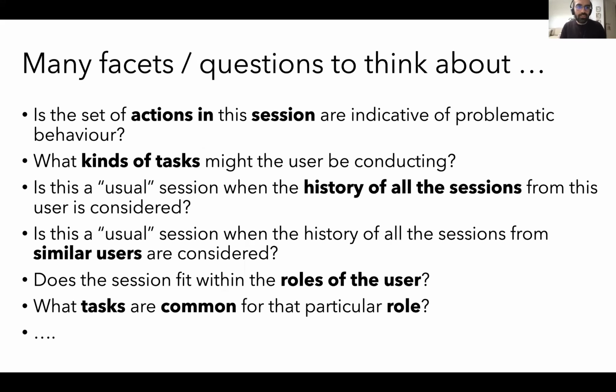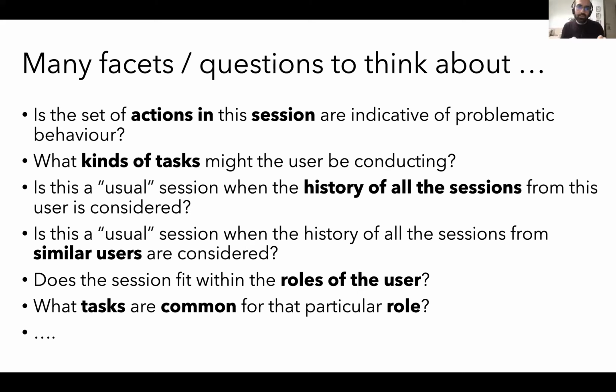And the actions they take have a cost. If something is unusual, they lock the account, and if they lock the account, the customers, that is, staff members, get quite annoyed by that action. But in order to respond to that question, there are lots of facets to think about. Are the actions in this particular session indicative of some problematic behavior? What kind of tasks might the user be doing? Because there's some semantic sequence to that.